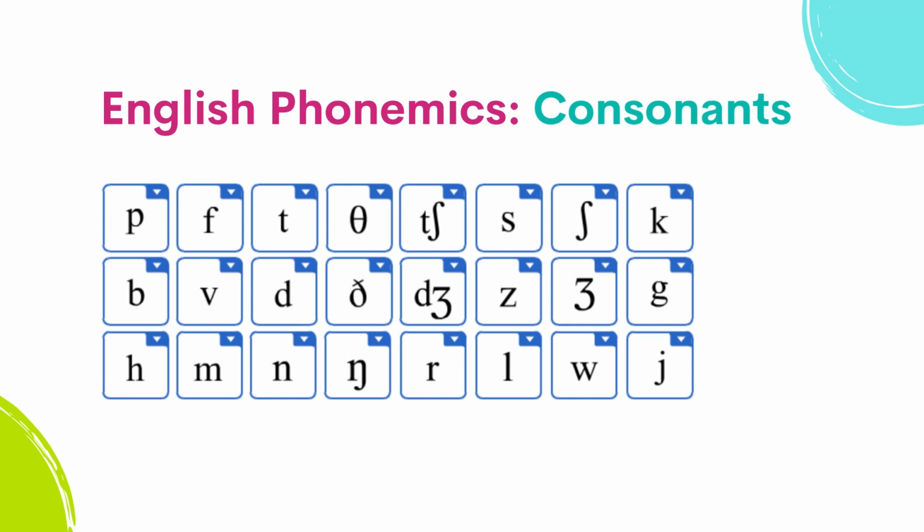P, like in pencil. F, like in fish. T, like in top. Th, like in thin. Th, like in the, and so on. You will also be able to practice all of them using the online resources which we are going to show you later on the page.